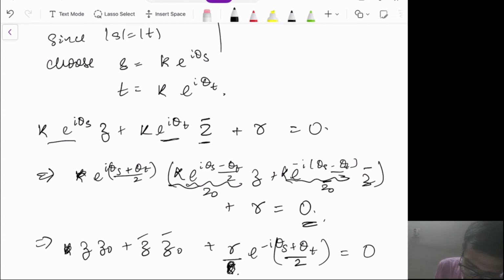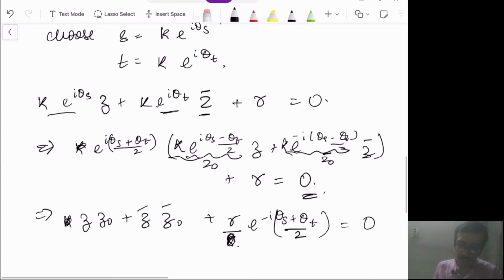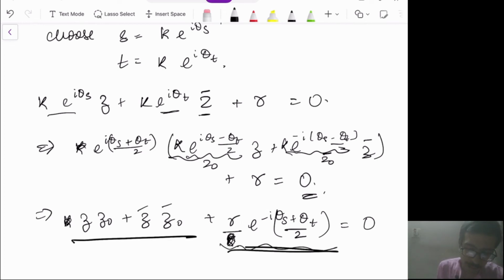So this equals 0. Now this mostly looks like the equation of a straight line, except that this term is not real. The first part is real, because it's the sum of two complex conjugates. If the other term is not real, there is going to be no solution. But if it turns out to be real, then I'm going to get the equation of a straight line.